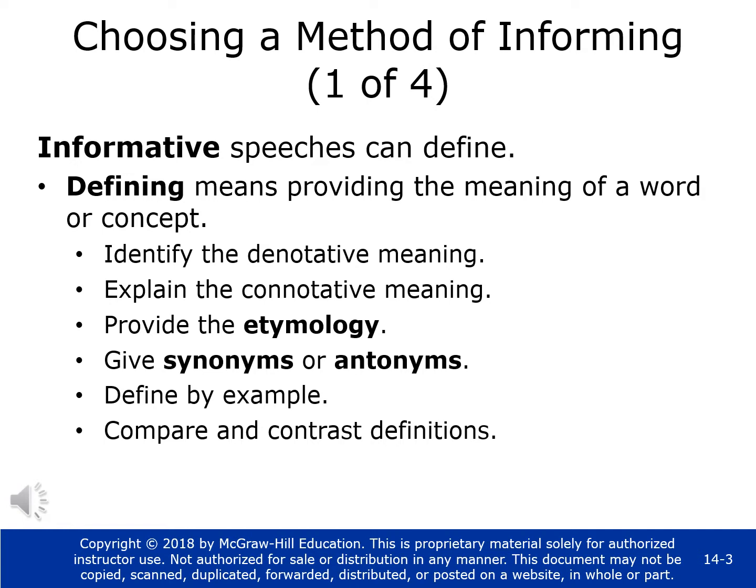Etymology is the origin or the history of a certain word or a certain topic. And synonyms are words that are similar to other words you've used, and antonyms are words that mean the opposite. And you can give an example, and you can compare and contrast definitions or situations.